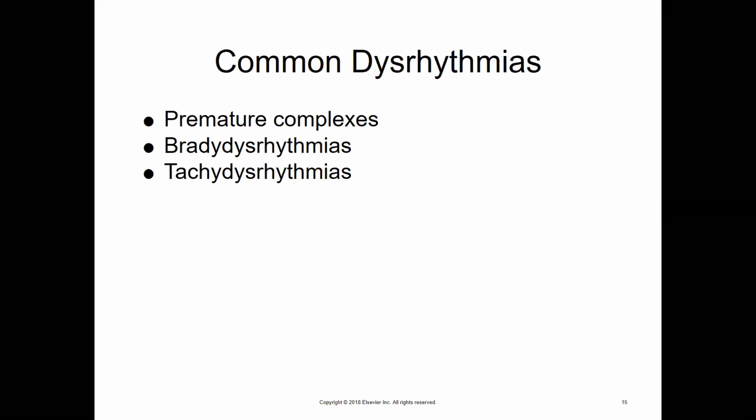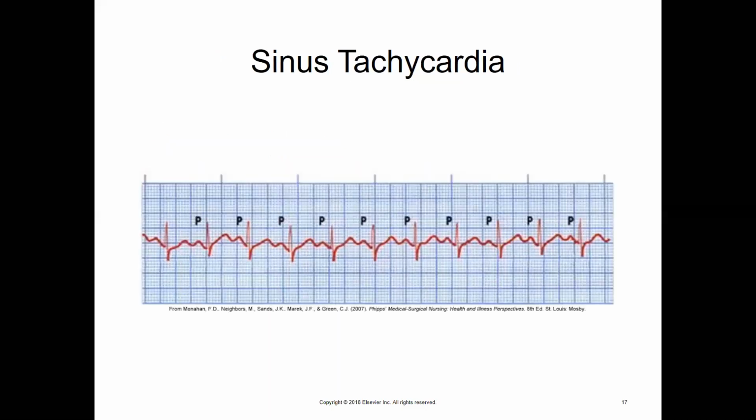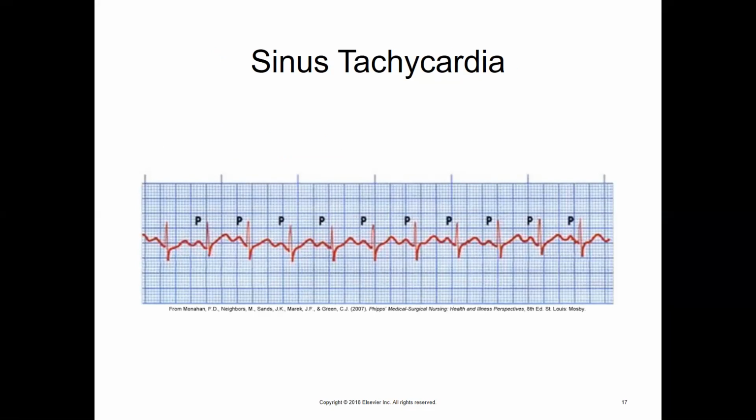So we can have premature complexes, we can have brady dysrhythmias, and we can have tachydysrhythmias. Sinus dysrhythmias are sinus tachy, sinus brady, and then this is a sinus tachy EKG strip. The rate on this one is 110.